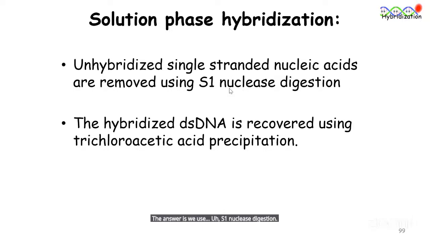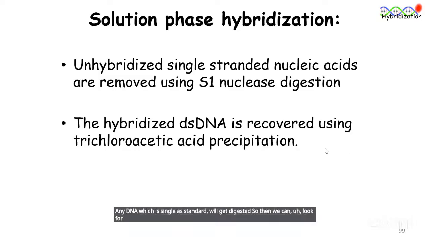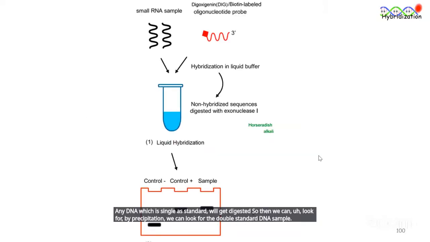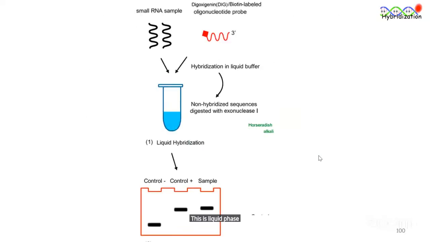This is an enzyme which digests any single stranded DNA. So if the probe is bound to the DNA, it will remain there. Any DNA which is single stranded will get digested. Then by precipitation, we can look for the double stranded DNA in the sample. This is liquid phase hybridization.